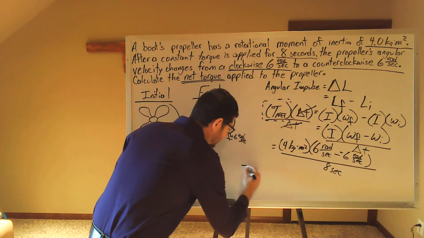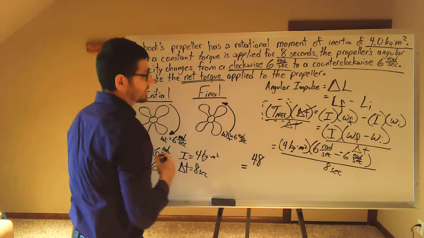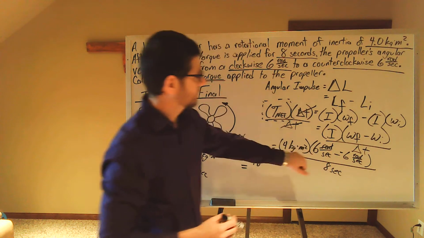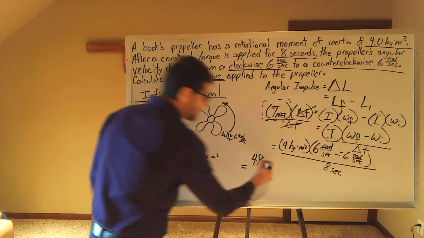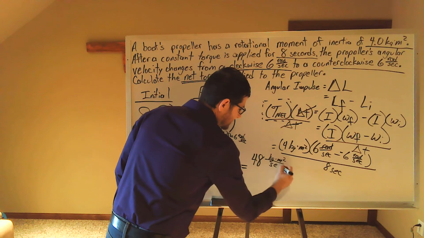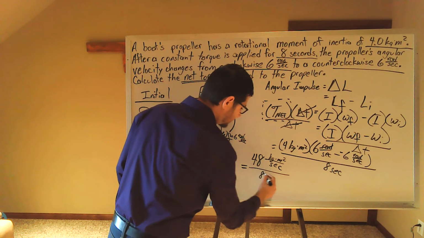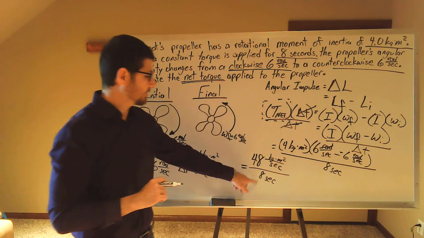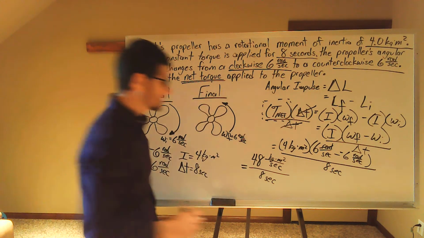So in my numerator, I have 48. And we're not going to transfer our angle measure here of radians. So what we have is kilogram meters squared per second. And we're going to divide this by 8 seconds. So let's talk about the numerical value first. 48 divided by 8 is 6.